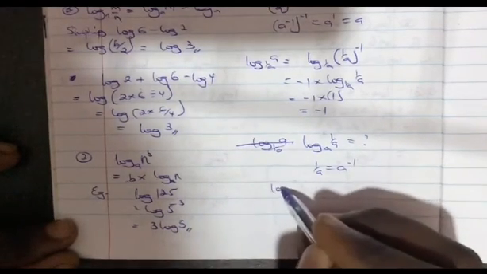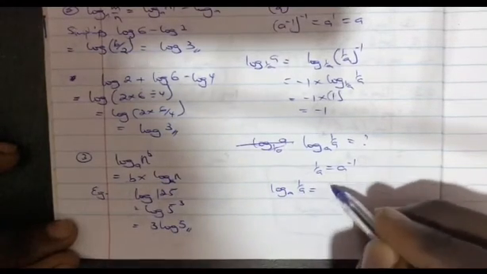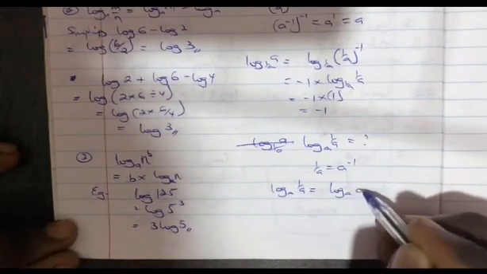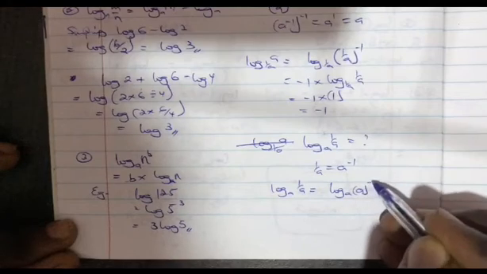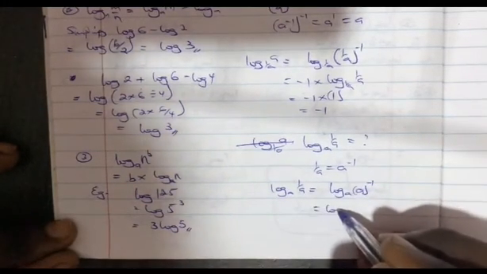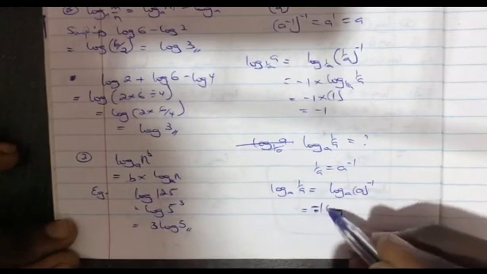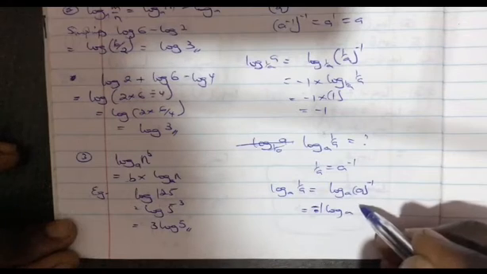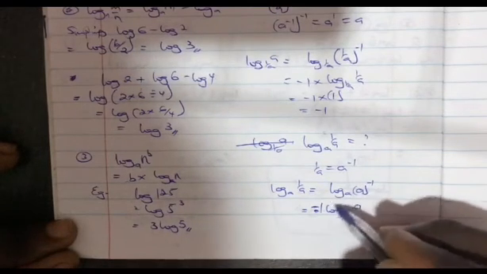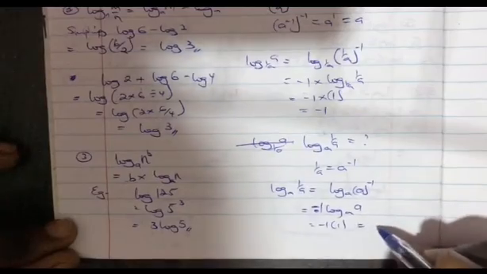So log 1 over a to the base a is just log a exponent negative 1 to the base a, and this will be equal to negative 1 times log a to the base a, and this is just 1, so the final answer is negative 1.